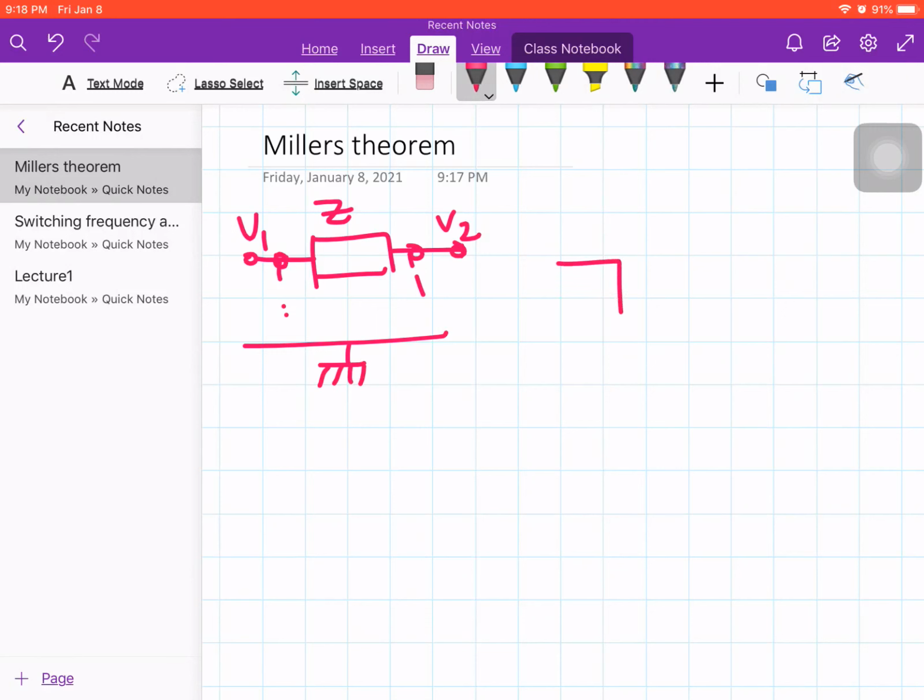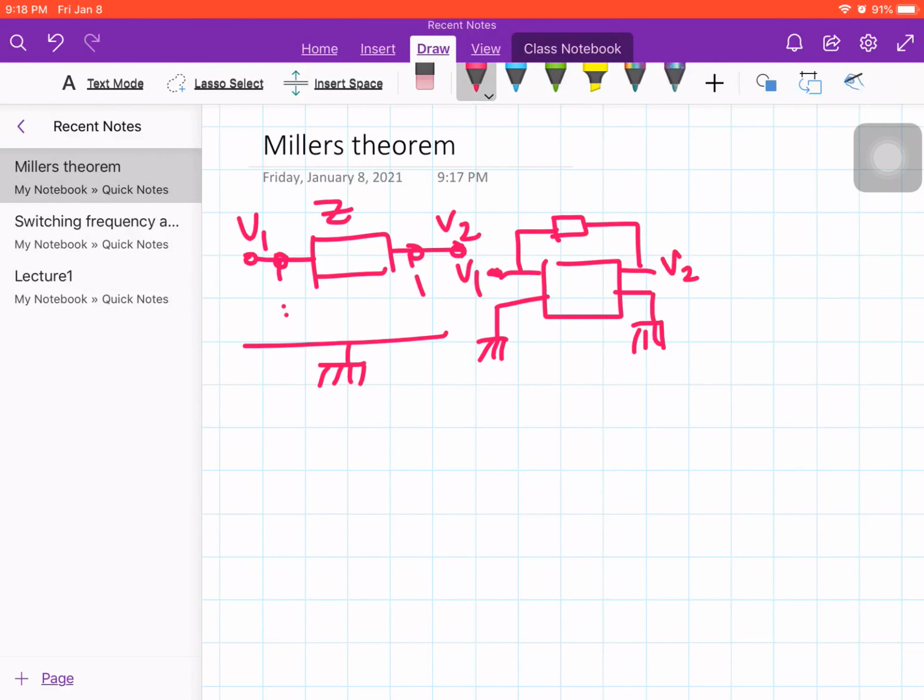So in general I can represent it like this as well. Okay, so this is ground and this is also ground. This is V1, this is V2.